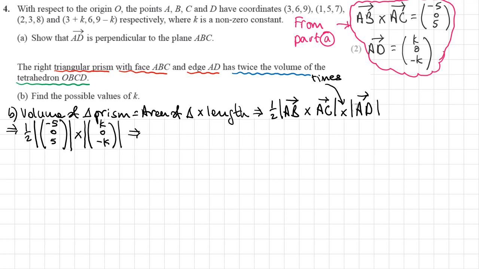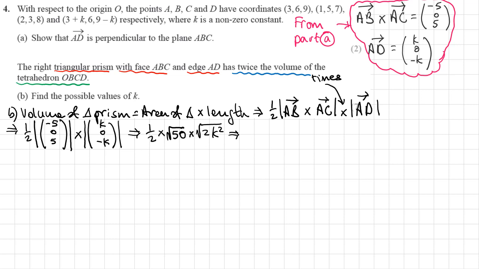So if we work this all out, we've got half times the size of this vector, so that's going to be the square root of 5 squared plus 5 squared, so root 50. Then times by the size of this vector here, and that's going to be k squared plus k squared, 2k squared, so the square root of 2k squared.